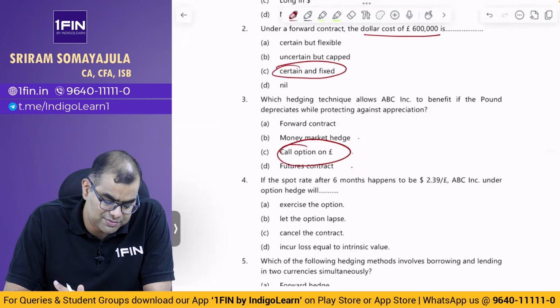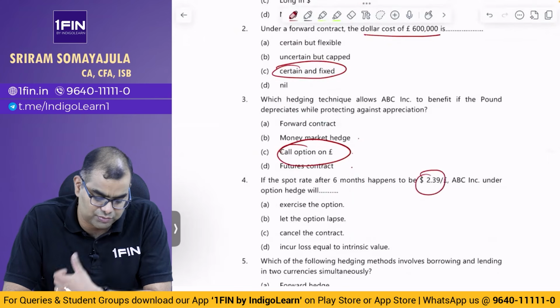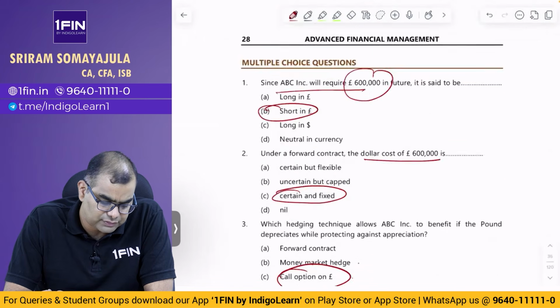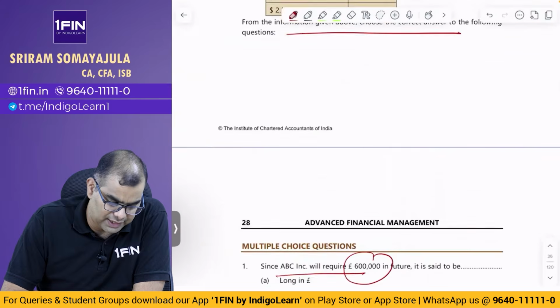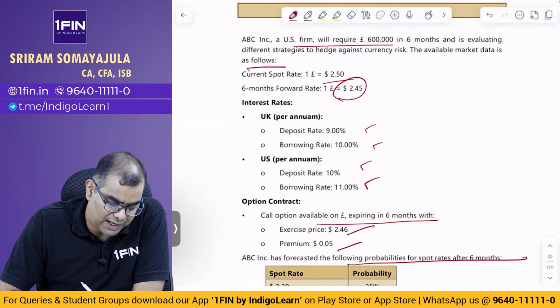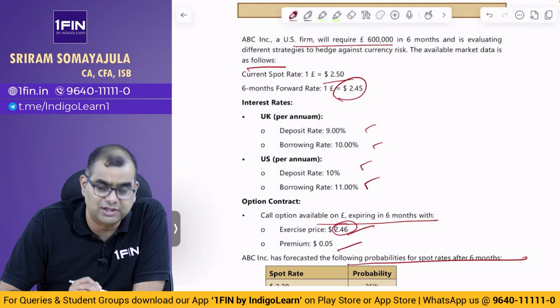If the spot rate after 6 months happens to be $2.39 per pound, then ABC under option hedge will do what? See, I need to buy pounds, so I will buy a pound by paying $2.46 per pound.